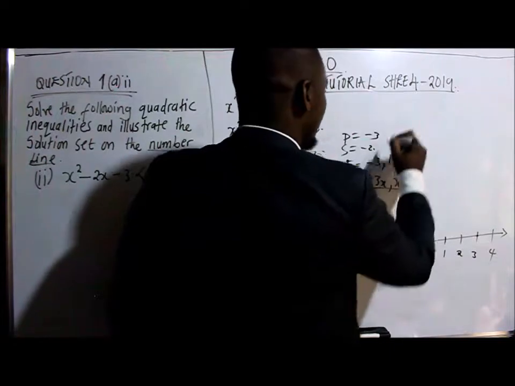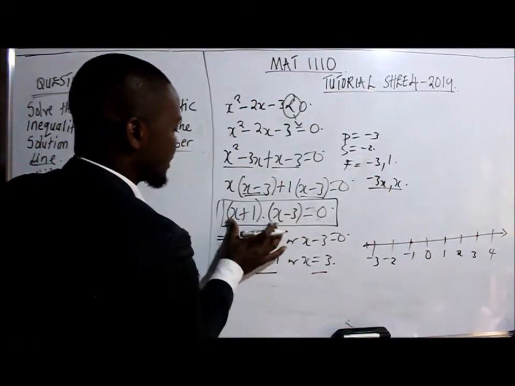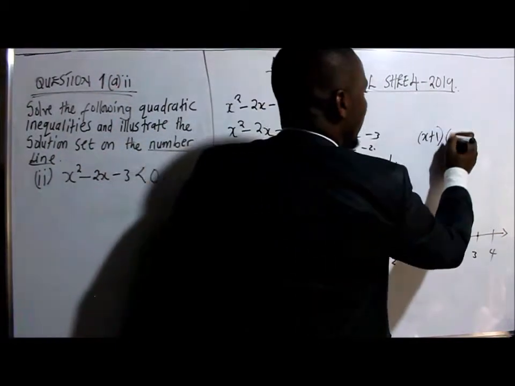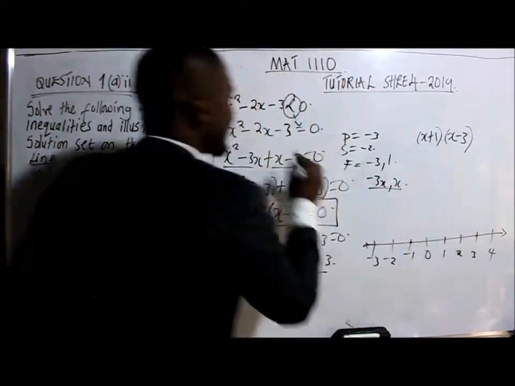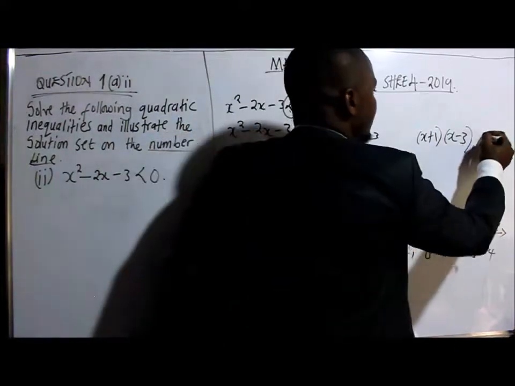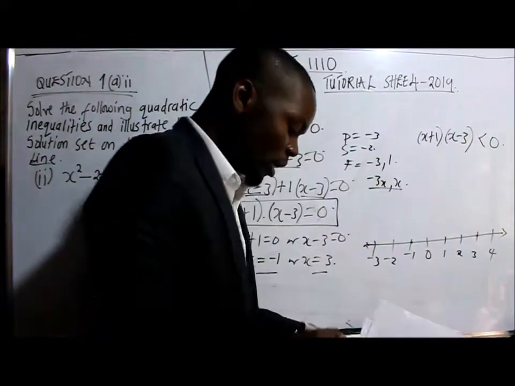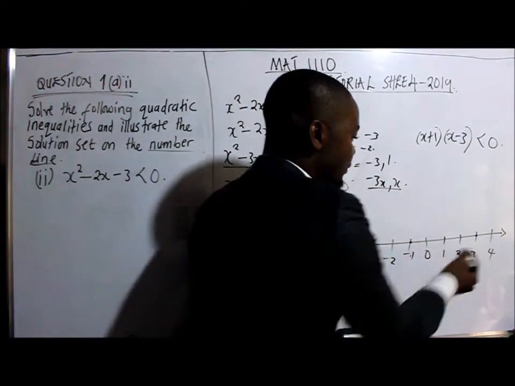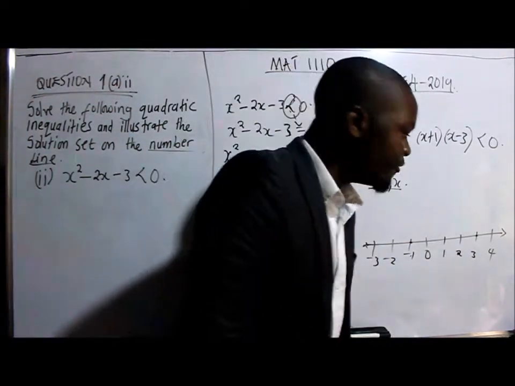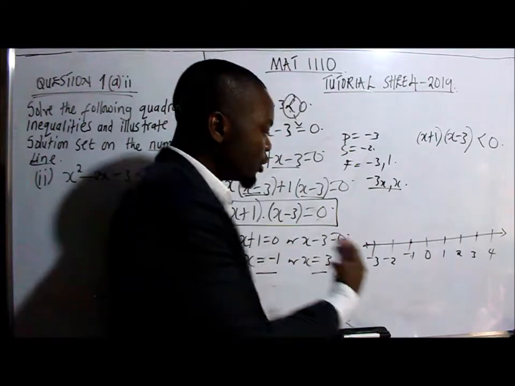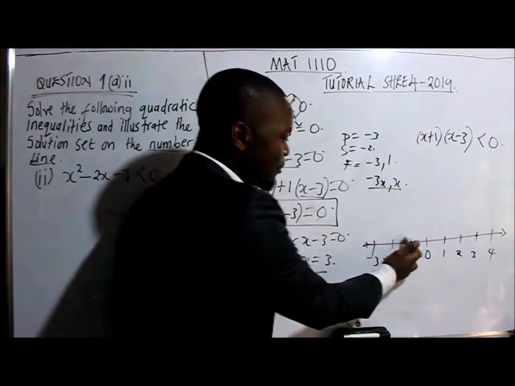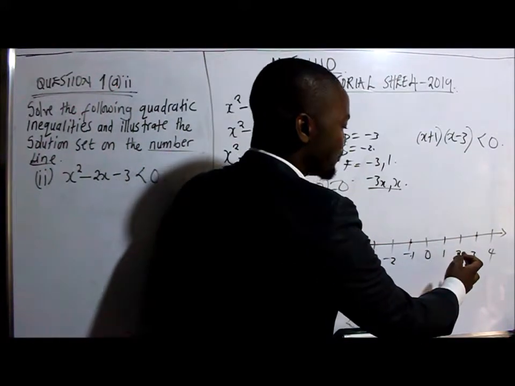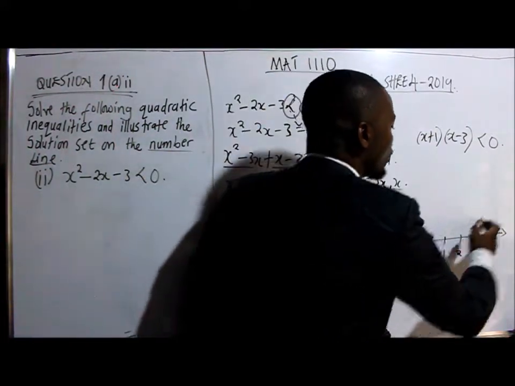I'm going to take these factors, x plus 1 times x minus 3, and the sign we have is less than 0. Since we have negative 1 and 3, we have 3 regions: the region from negative 1 going this side, the region between negative 1 and 3, and the region from 3 going this side.